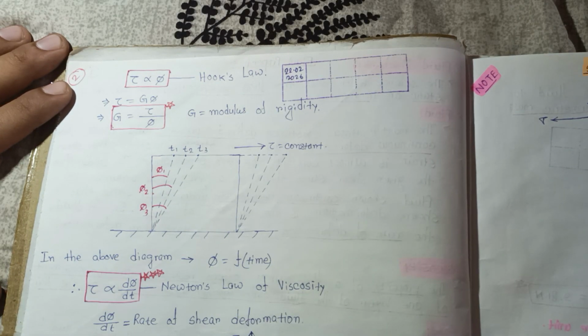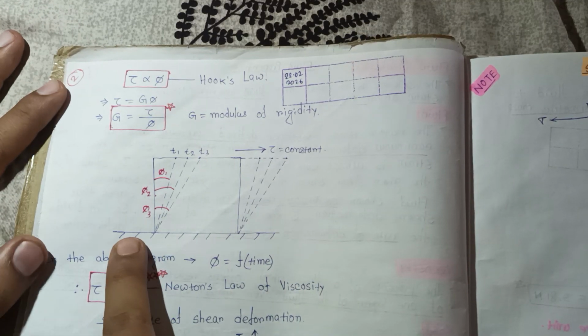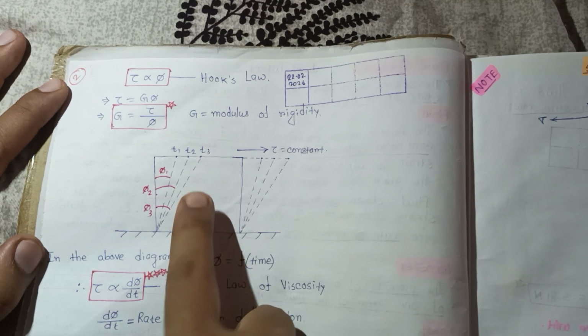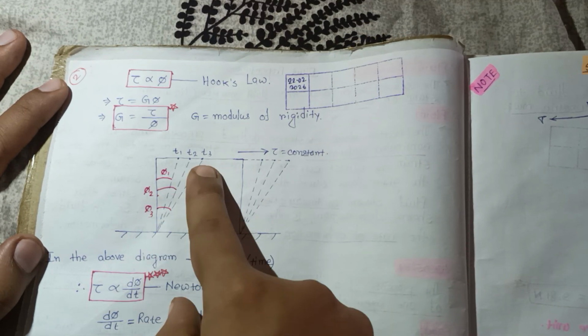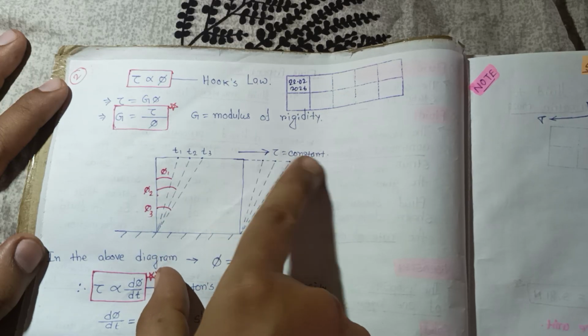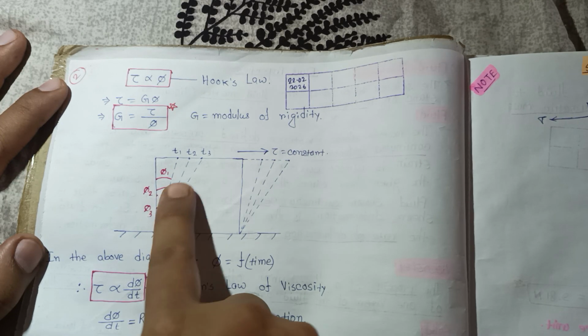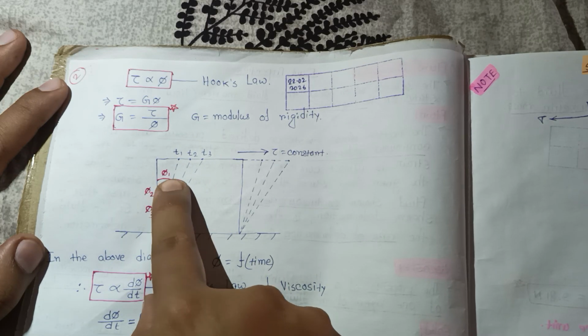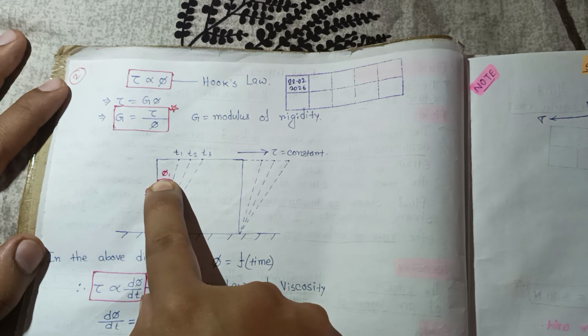Now suppose this is a surface, and on that surface there is a fluid element. If you apply a constant shear stress, tau equal to constant, then at time t1 the shear deformation is phi 1.